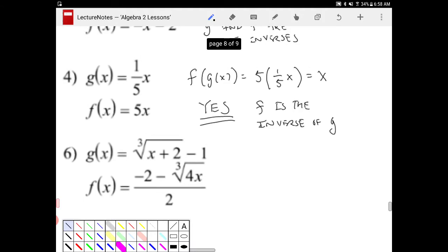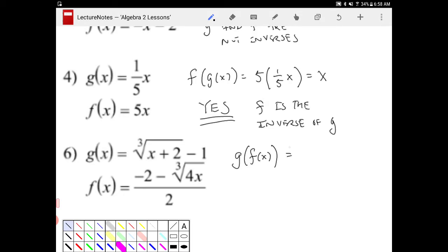Let's take a look at the next one. This is a cube root function. All right, things are getting a little more intense. So what I'm going to do is take g of f, and it really doesn't matter which order I do it in.